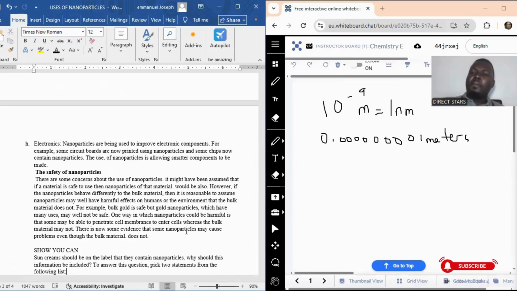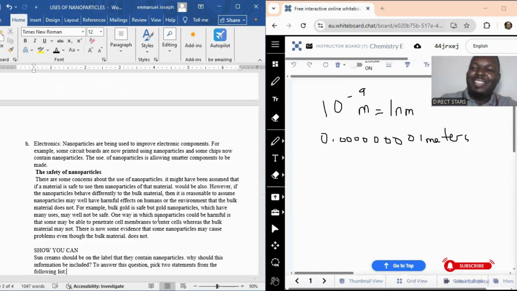So work is still ongoing to ensure that nanoparticles are safe for use. Our sincere hope is that one day we'll come up with something that will be free from every safety concern. However, it has made life easier for us as humans.